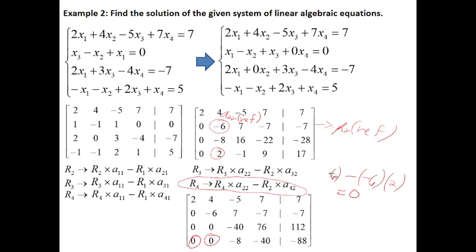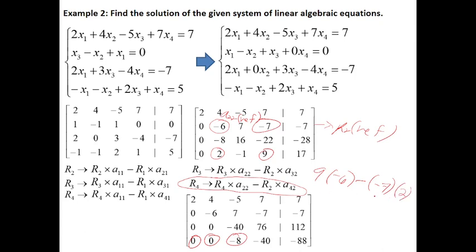Next, negative 1 times negative 6 minus 7 times 2. Negative 6 minus 14. Negative 8, tama. Okay? And then, 9 times negative 6 minus negative 7 times 2.